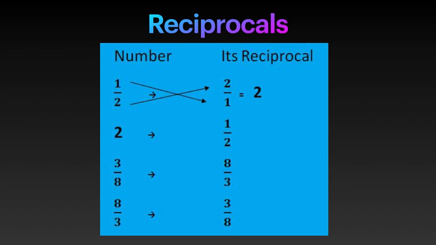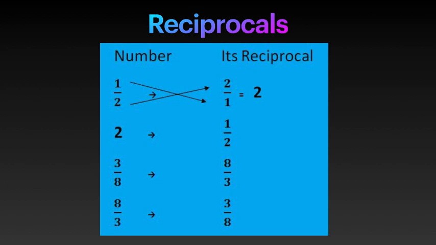So then, what is a reciprocal? As an example, let's take 1/2. Please look at the screen. When we turn it upside down, 1/2 becomes 2/1. 2/1 is equal to 2, because we never write the 1 below.